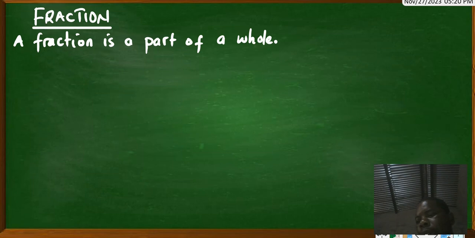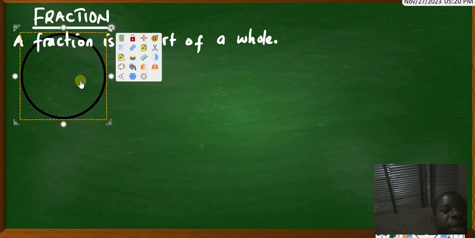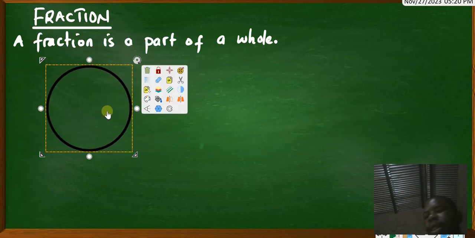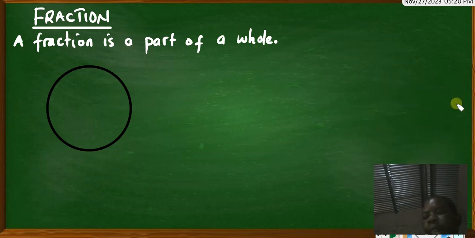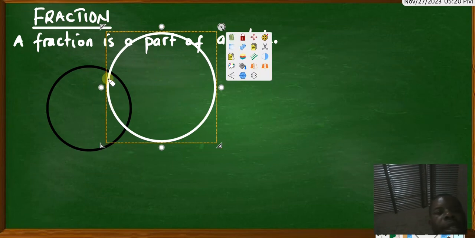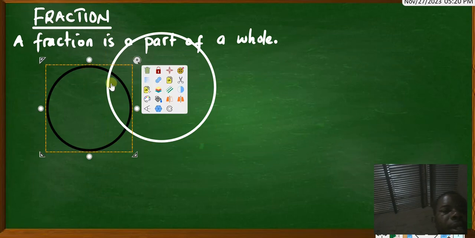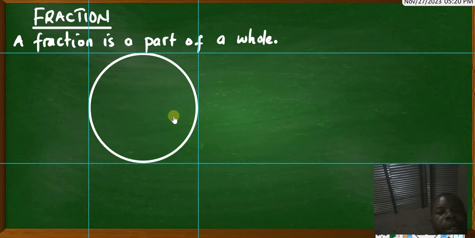Now the color is not white, I needed it to be white. Do I have colors here? Okay, let it be white. Then let me delete this one and use this one here.